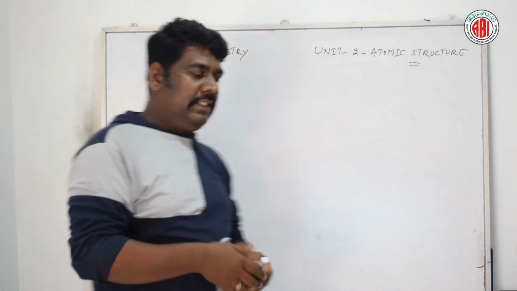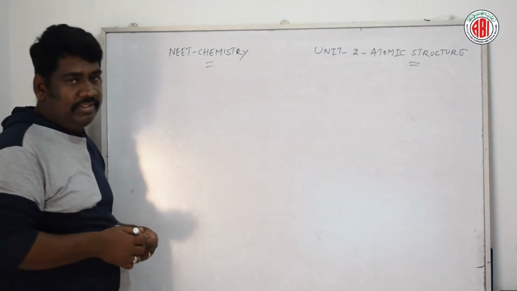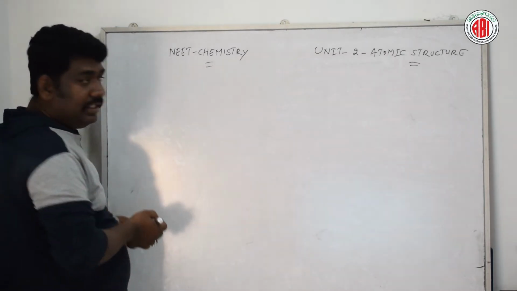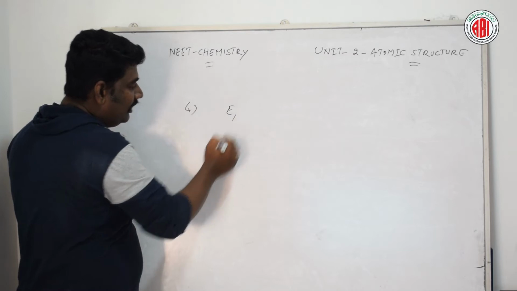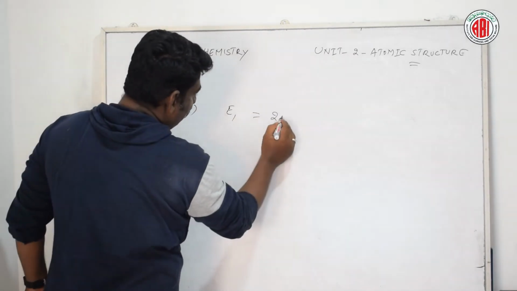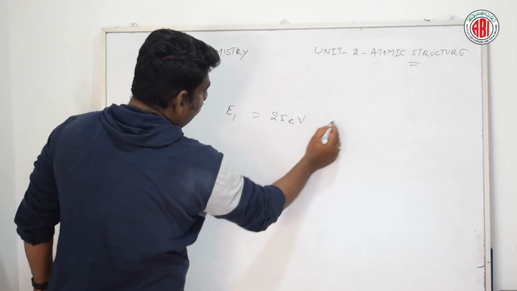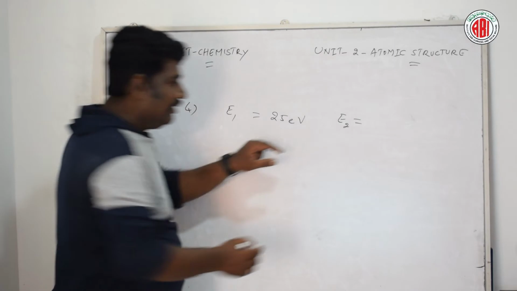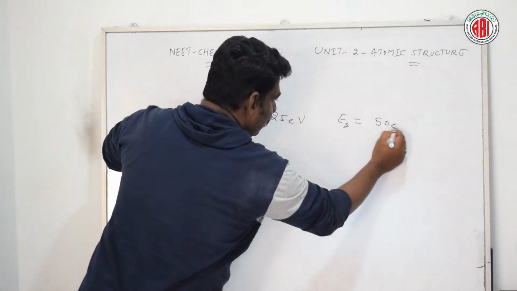So now let us write the values given in the question. E1 is 25 electron volt, and E2 is given as 50 electron volt.